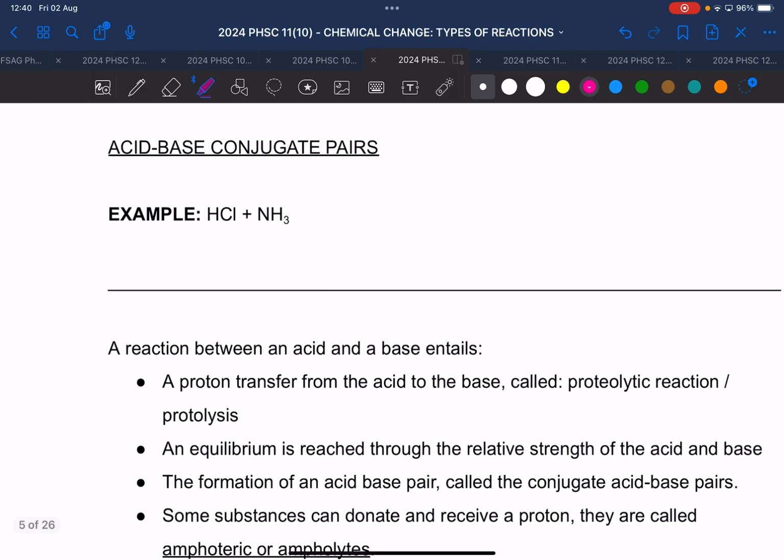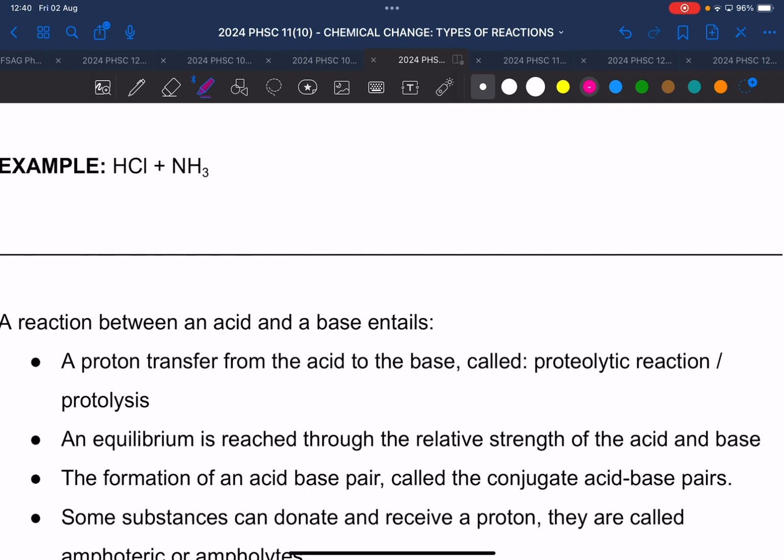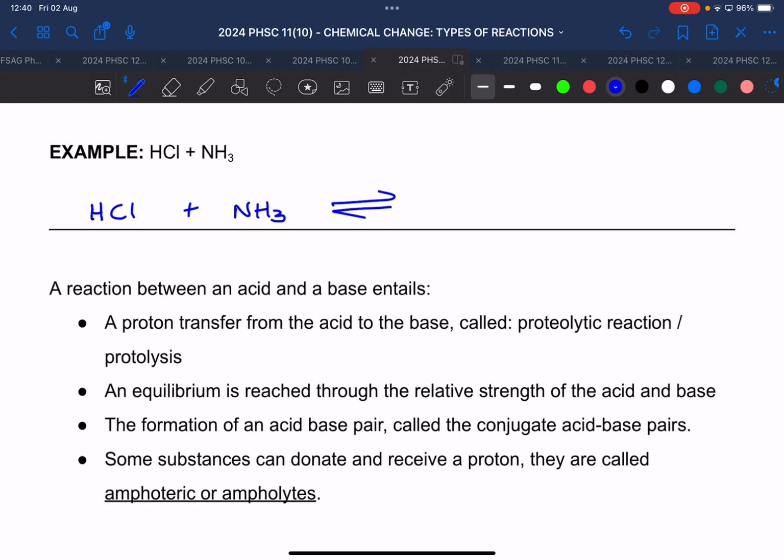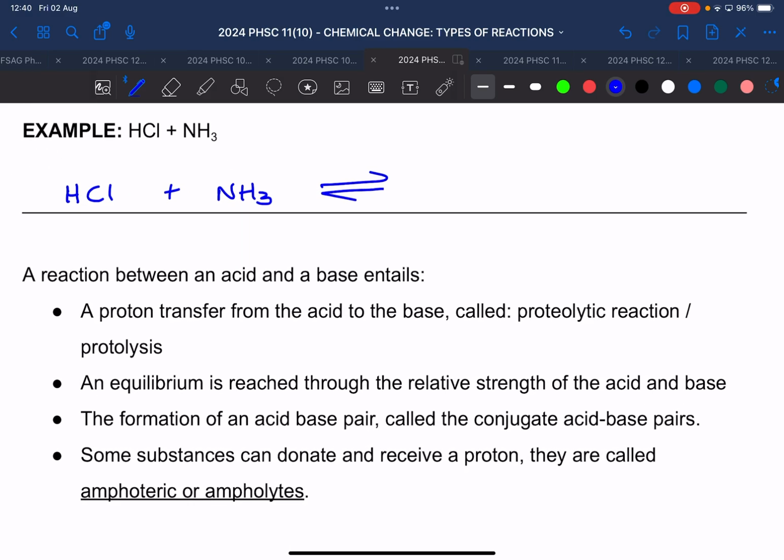Okay, so we have hydrochloric acid reacts with ammonia. Okay, and this is a reversible reaction. We are giving and taking away protons. We're not busy with electrons.